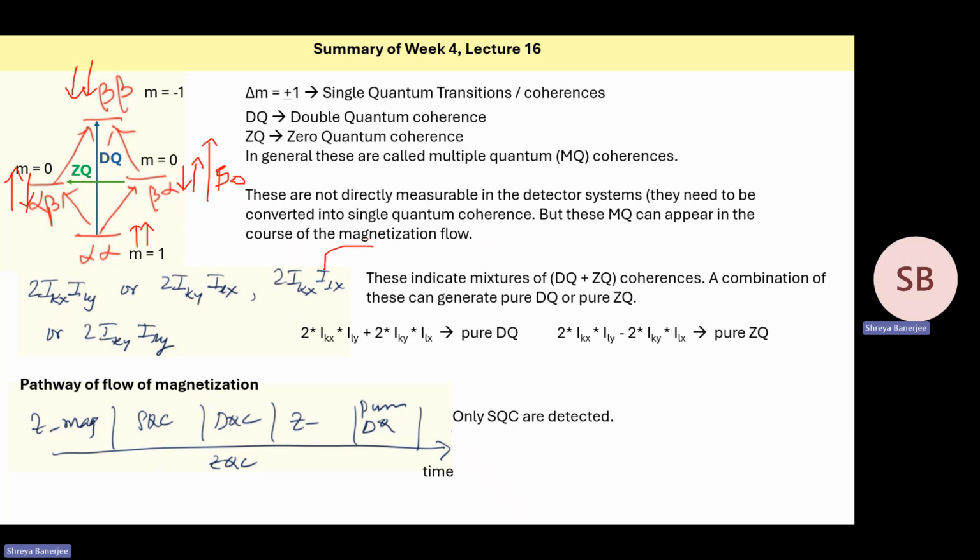Suppose, just suppose, this term is 2DQ plus ZQ. And this term is just DQ plus ZQ.